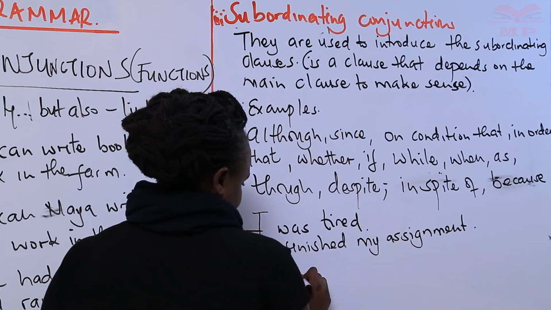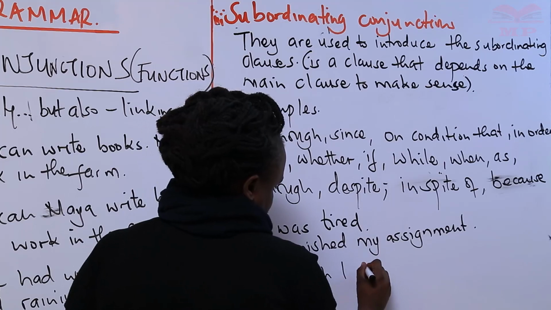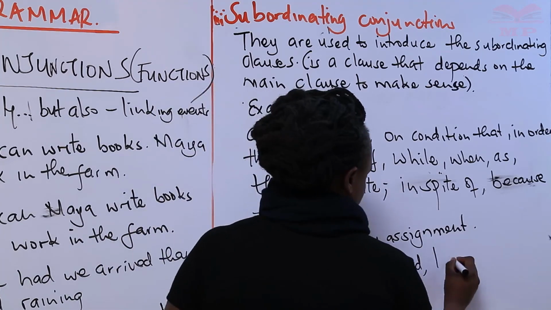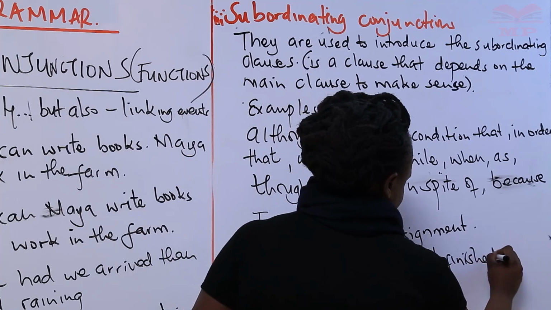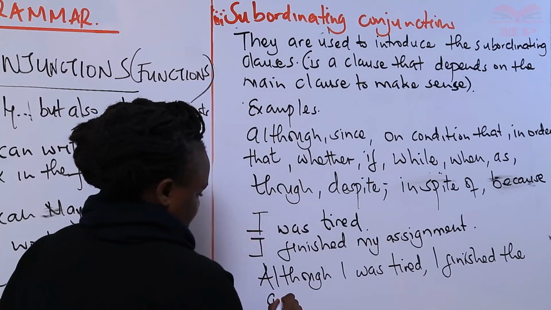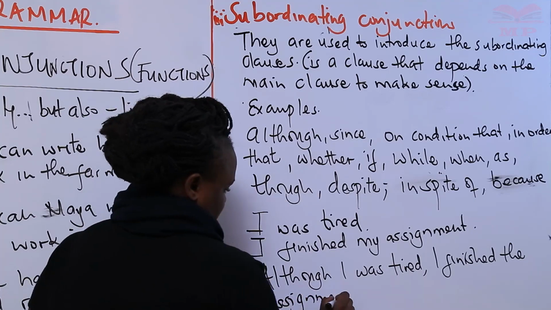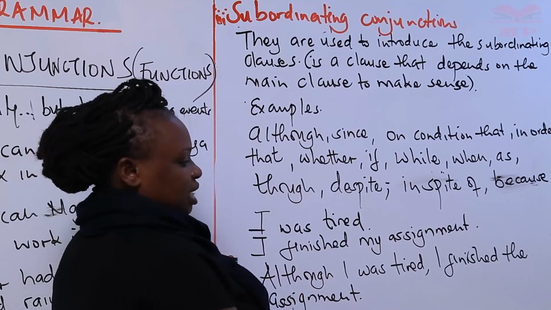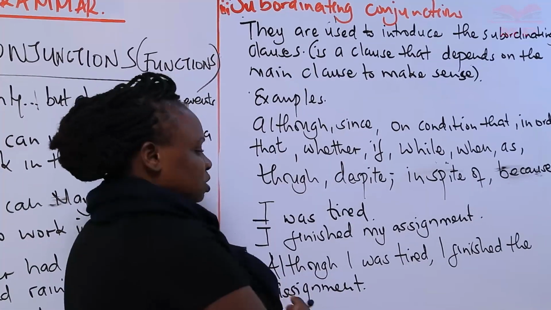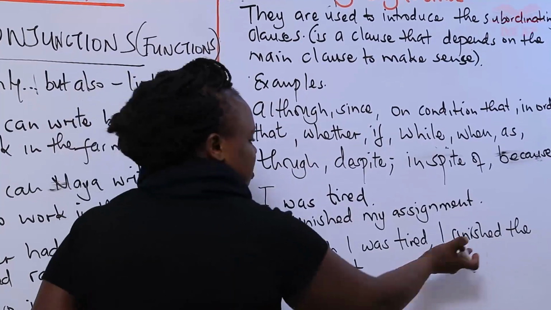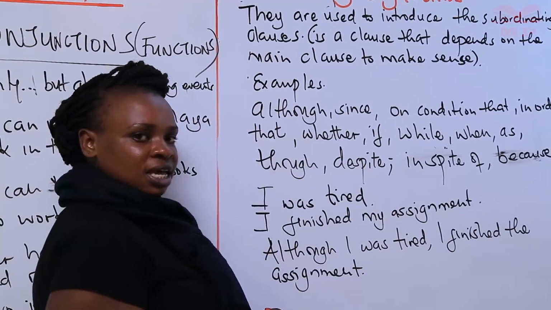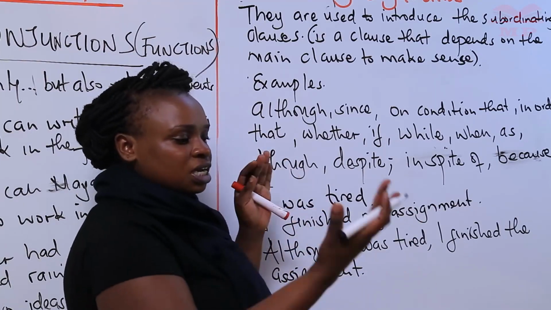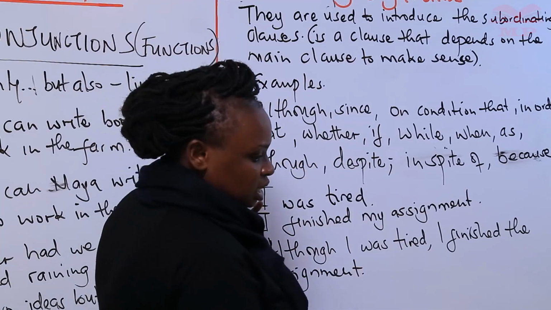So, although I was tired, I finished the assignment. Okay, so although I was tired is a sentence that does not make sense. It cannot just work on its own. That's why we say it depends on the main clause to make sense. That's why it's called subordinating. It cannot stand on its own. Hence why we use subordinating conjunctions to introduce a subordinating clause.